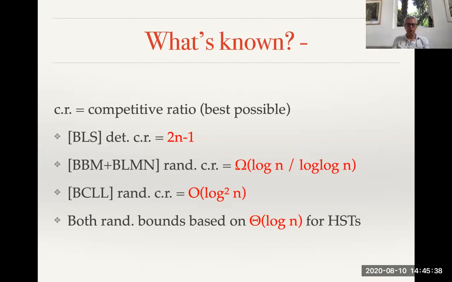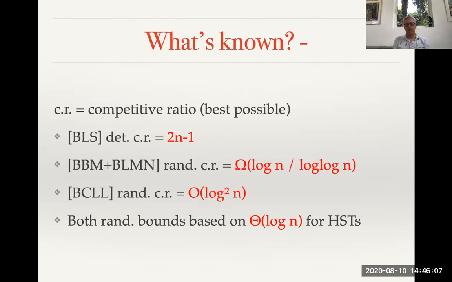It's interesting that both the upper bound and the lower bound are based on what are known to be tight bounds for hierarchically separated trees of theta of log n. What's a hierarchically separated tree? Again, informally, a one-level hierarchically separated tree is just a uniform metric space.